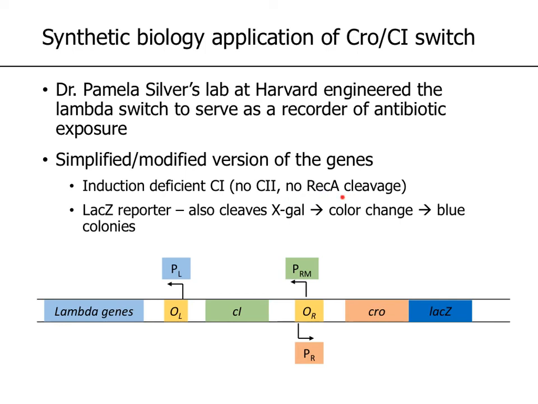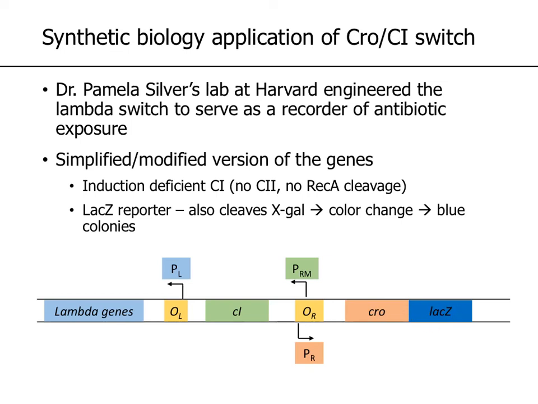Then they used a modified E. coli strain that had no REC-A cleavage, so you essentially couldn't chew up the C1 either. You see the genes here, but the rest still looks the same: there's still PRM, PR, PL, still regulating CRO, and this one still regulating C1. But instead of having the C2 down here, they fused CRO to LAC-Z.